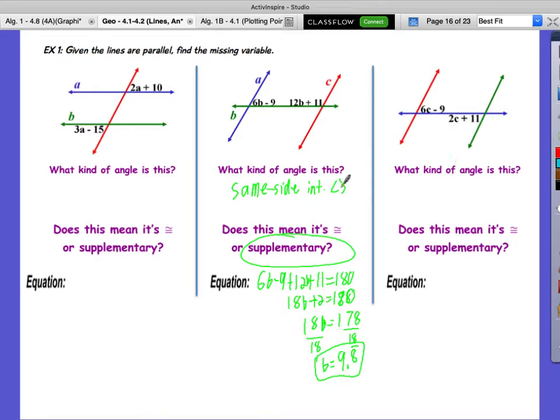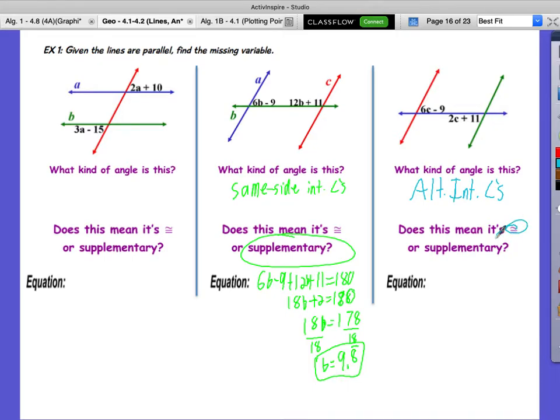Nope, I'll do this one. Same side interior angles. Okay, they are interior angles, but they're on the same side. Maggie, what are they? They are alternate interior. Very good. Alternate interior angles. They alternate sides of the transversal. One's on the top, one's on the bottom of the transversal, but they are both interior. So when these two lines are parallel, are they congruent or supplementary?